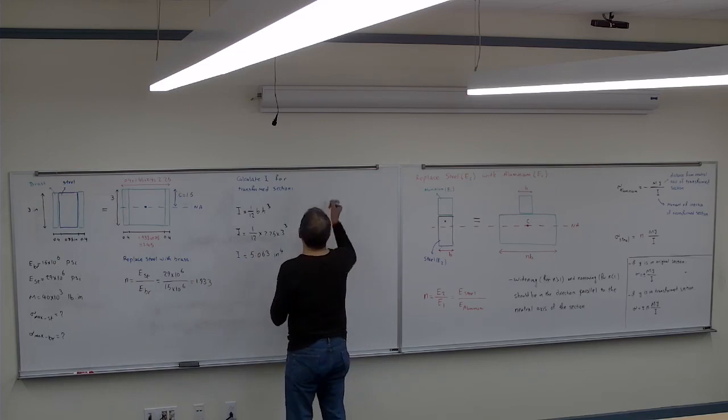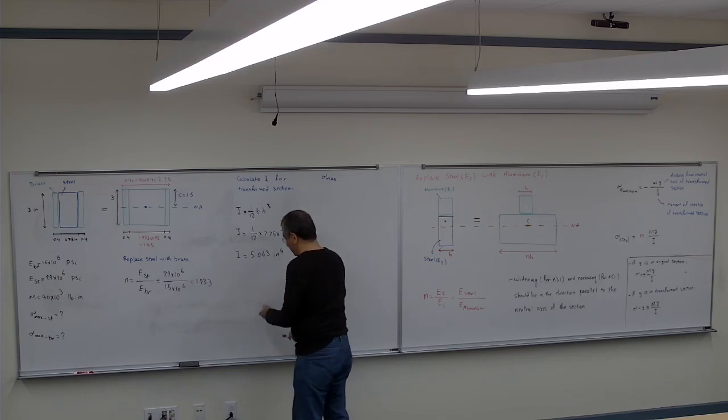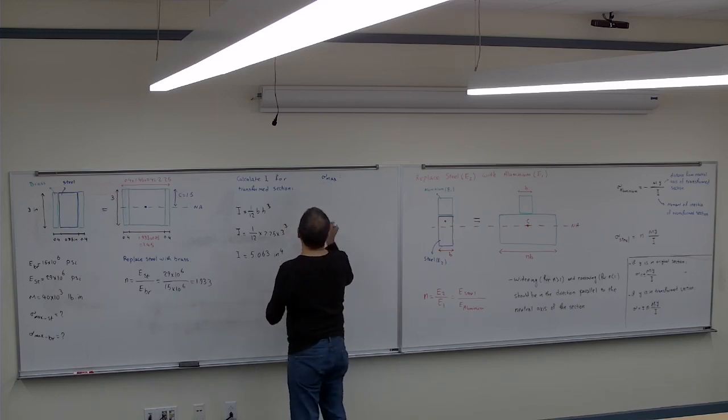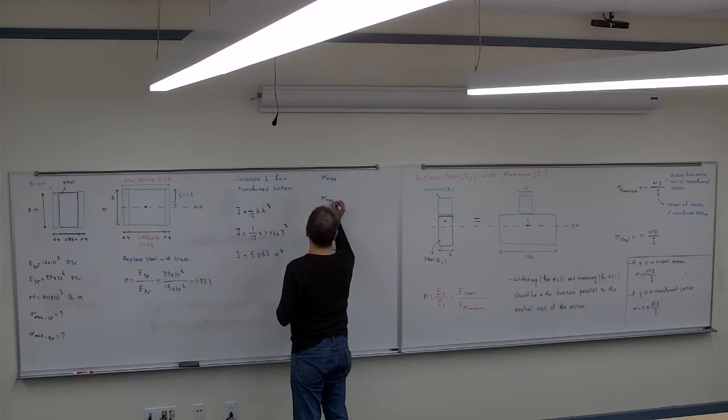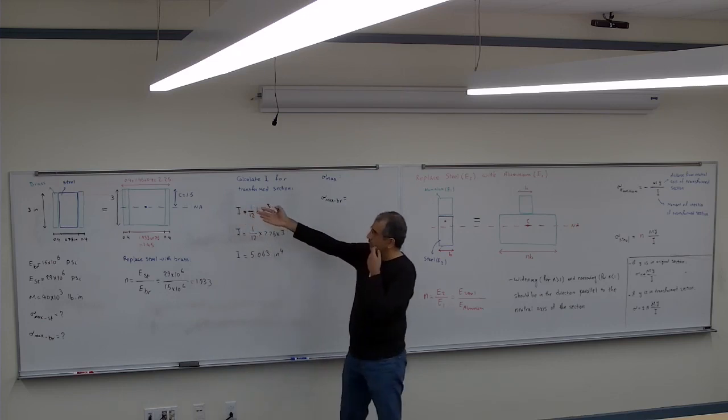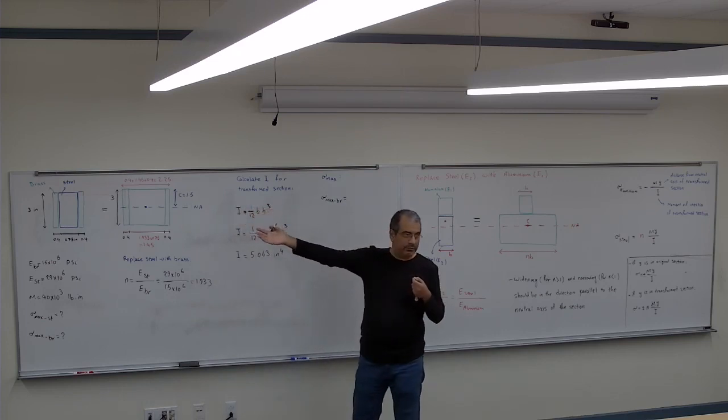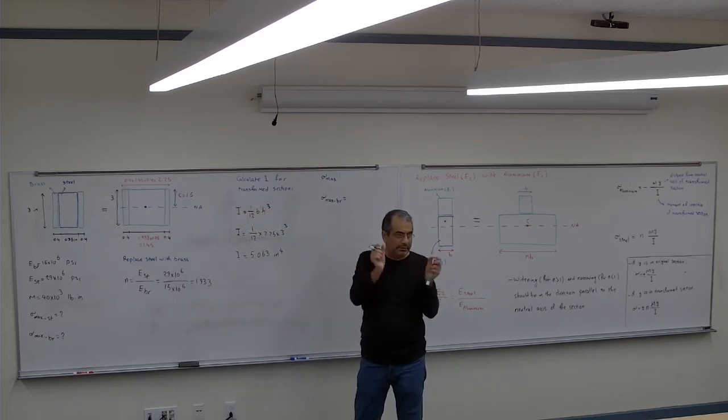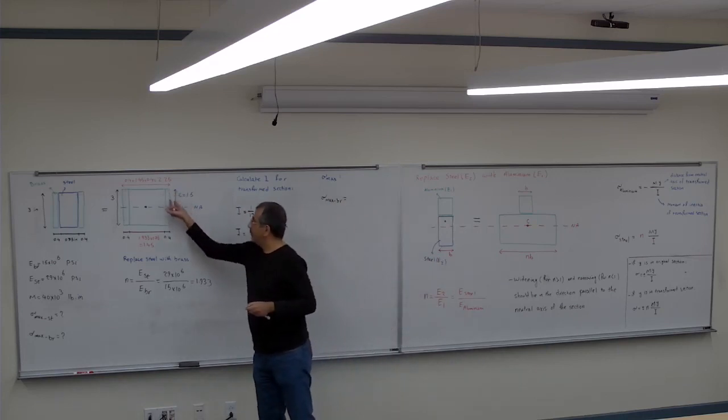And then sigma max. I'm going to first find sigma max in the brass. How much is sigma max in the brass? It's going to be in the original section because we didn't mess with the brass part.